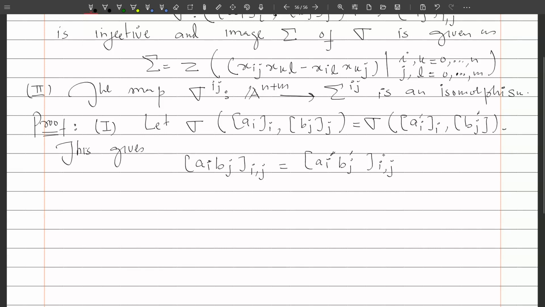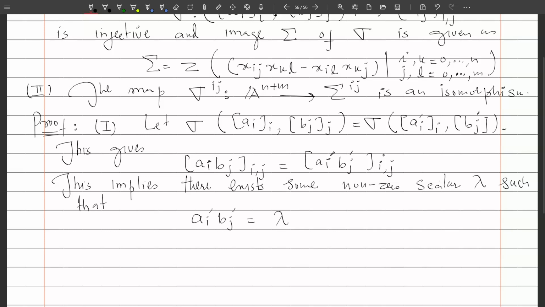So that means there exists some non-zero scalar, say lambda in k minus 0, such that a_i' b_j' is actually lambda times a_i b_j.